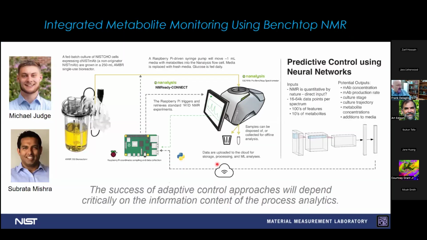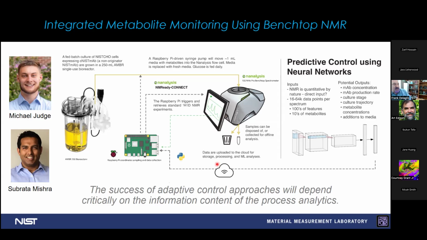That said, though, we now have very good benchtop NMR instruments. And so it's within the realm of the possible to use benchtop NMR as a process monitor for a bioreactor. And this is work in progress by a postdoc here, Michael Judge in Subrata Mishra's group.